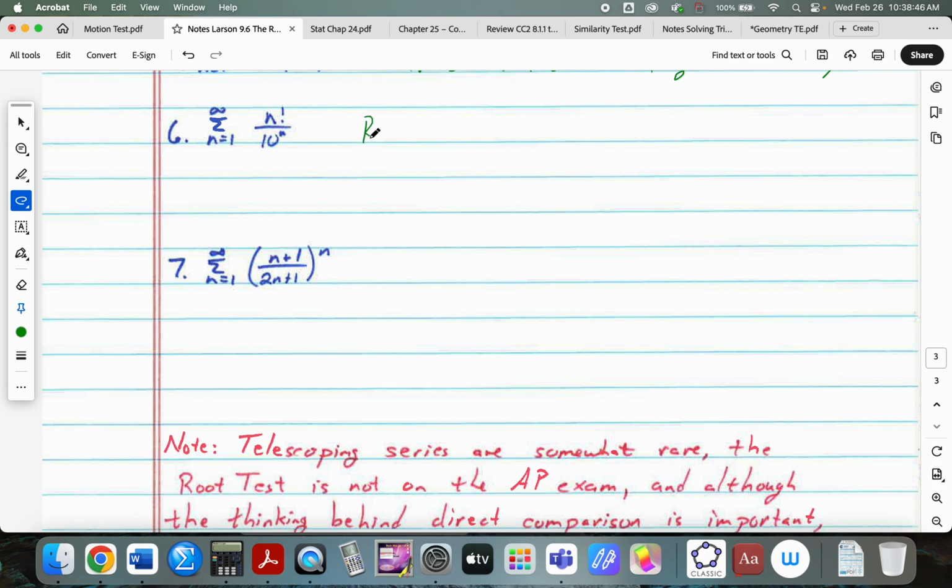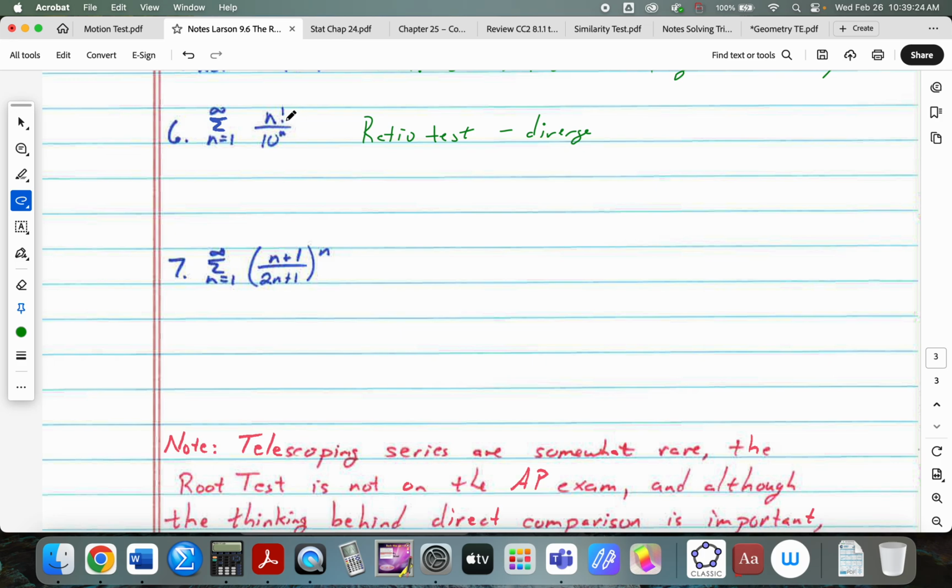Ratio. Yep, ratio test. And when we divide it out, we're going to have an n plus 1 factorial divided by an n factorial, which is going to leave you with an n plus 1 in the numerator. This is likely to diverge. Also, we talked about the fact that factorials grow faster than exponentials.